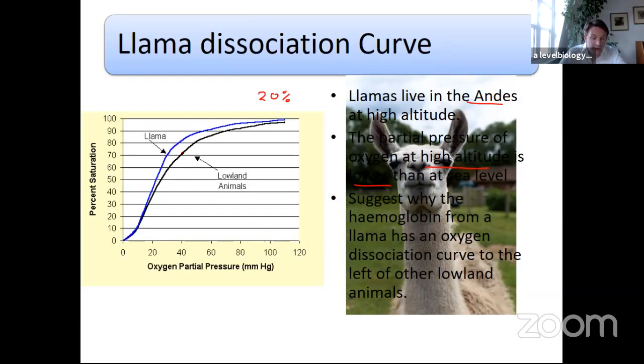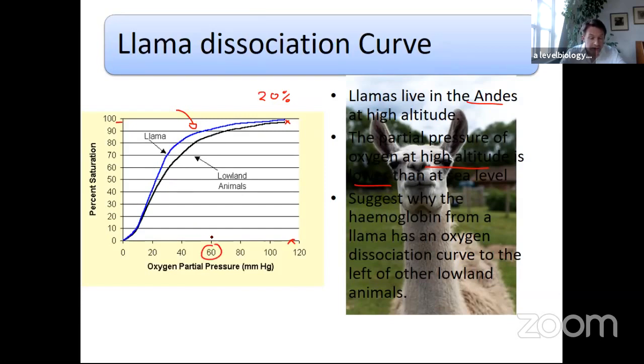So when you look at llama hemoglobin, it's got a dissociation curve which is to the left of animals which live at sea level. And the advantage to the llama is that at sea level, the lowland animal is going to have 95, 98% saturated hemoglobin as it leaves its lungs.